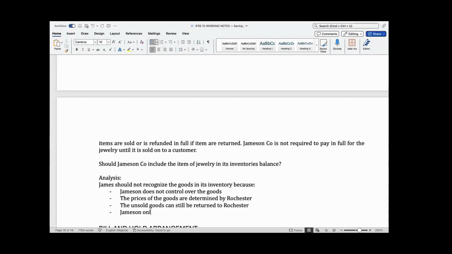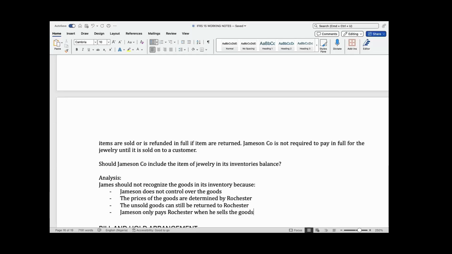Jameson only pays Rochester when it sells the goods. So that is consignment. That's what we should look at as far as consignment is concerned.